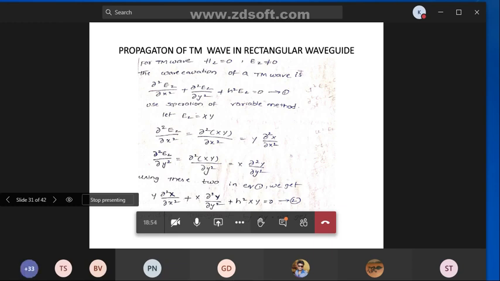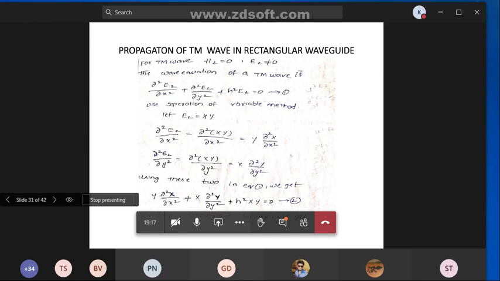Here the direction of propagation is along z direction. We need to calculate the components along x and y directions. So for TM wave, Hz equal to 0 and Ez not equal to 0.